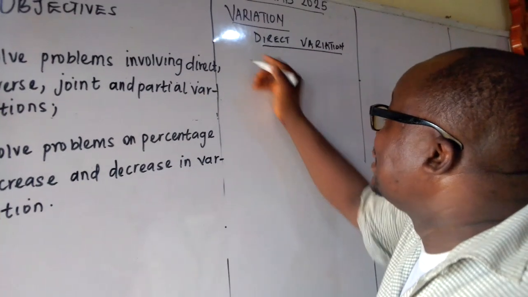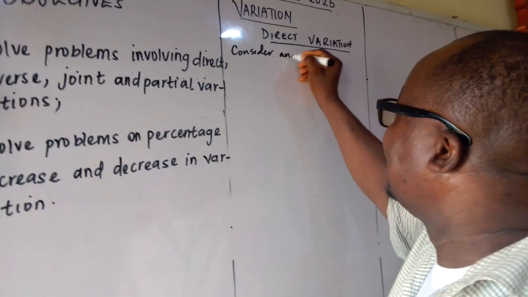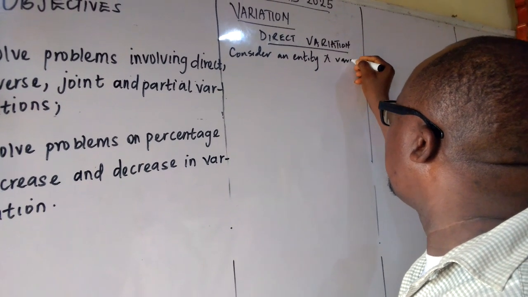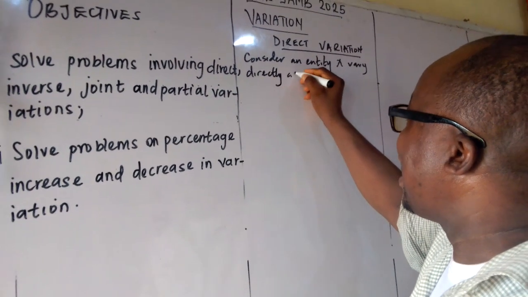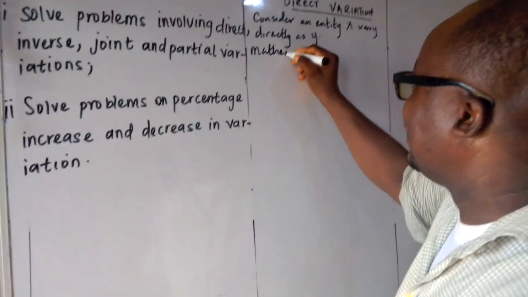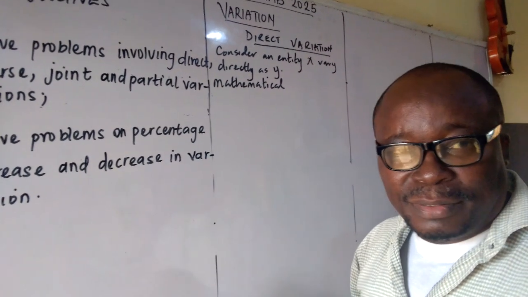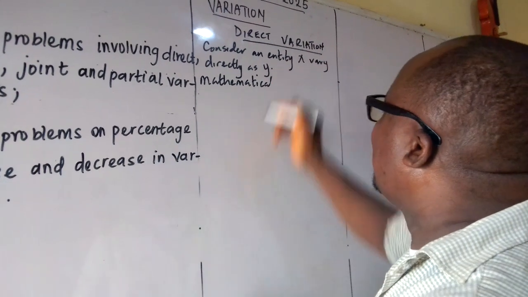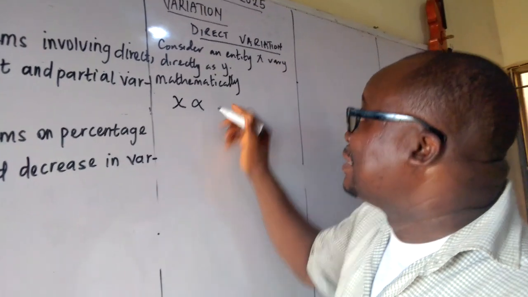Okay, let's consider an entity x to vary directly as y. The word variation also means proportional. So mathematically, we will say that x is directly proportional, or varies directly, with y.